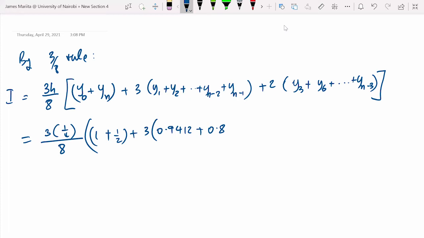Again, we go back to y2. It stops at that point. Then plus twice y3, which is 0.64. Then we don't have y6.